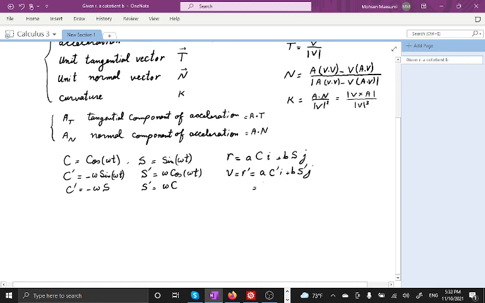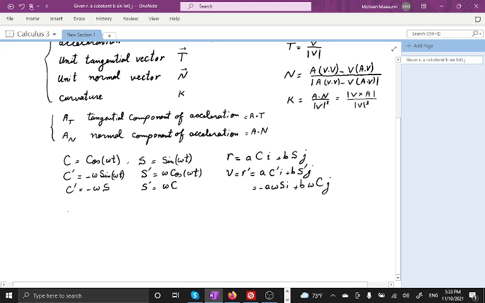So that's going to be, C prime is minus omega S, so minus A omega S i, and then S prime is omega C, so it's going to be B omega C j. By the way, if you feel more comfortable just writing the entire function, be my guest, just go ahead and write the whole thing. Use a big piece of paper and write clean and white, and everything will be fine. So that is our velocity.